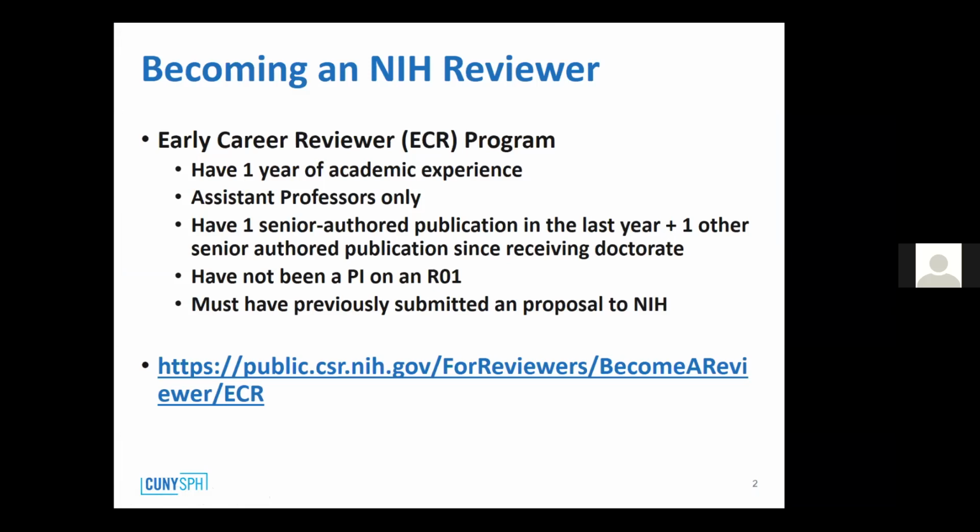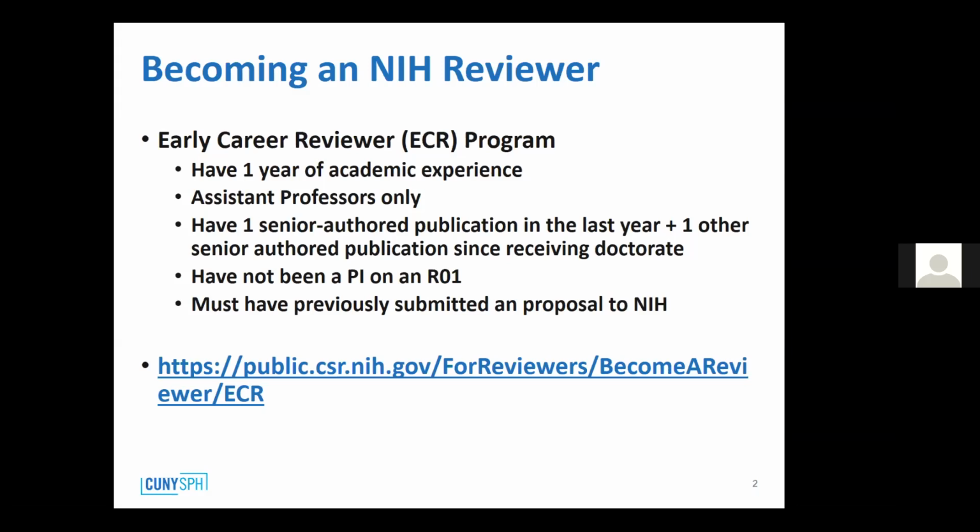If you're qualified, being a grant reviewer for NIH is a really useful thing to do. They have a program called Early Career Reviewer. It requires 1 year of academic experience, being an assistant professor or associate professor. Even if you start out as an associate, you're not allowed.